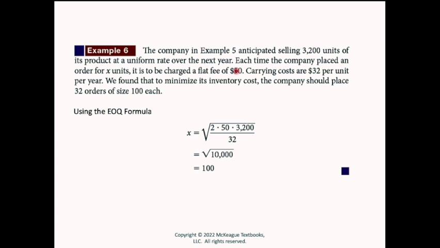So this is our ordering cost. That would be our S in the formula. And then the carrying costs are $32 per unit per year. So that's our holding cost to store it in our factory or warehouse, whatever. So that's going to be the H. So when we plug all of that in and solve for X, we get 100. So that means that we found that the company should place 32 orders.